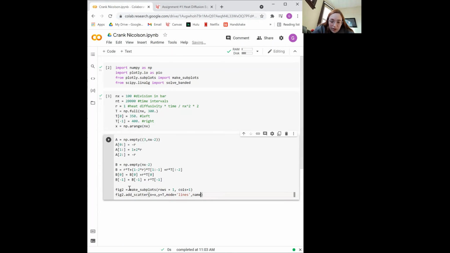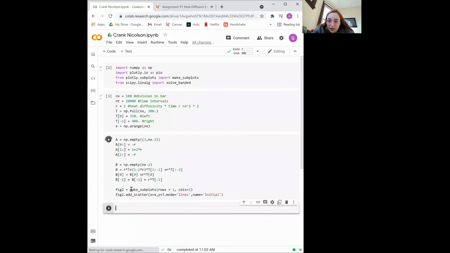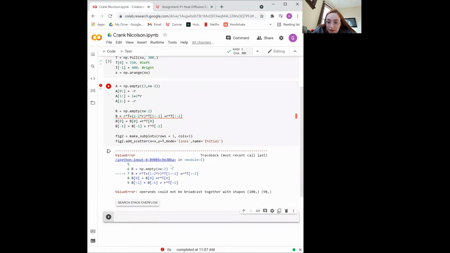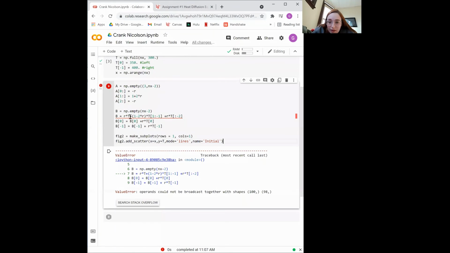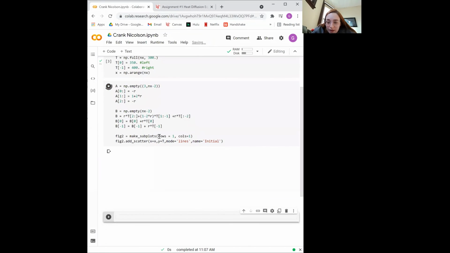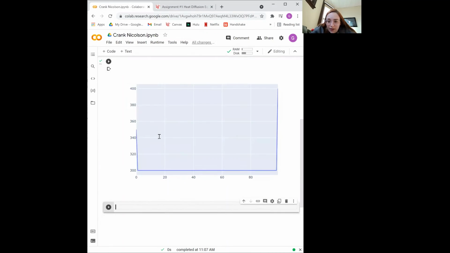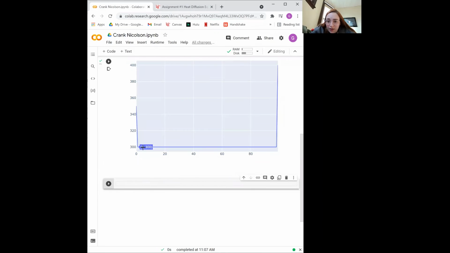And it's going to be named initial again. And we're going to hope the syntax is good. Let's add some spacing. Oh, I forgot the 2 on this one. Let's see if that fixed it. All right, so that's our initial that we saw.